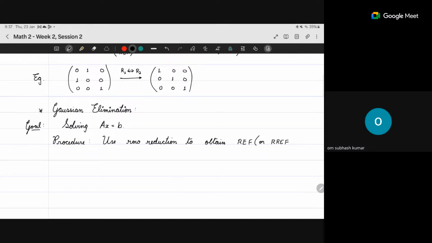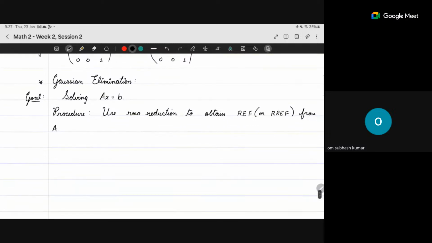You'll probably have to do a couple more steps from REF. This you know how to do, correct? You are given a system of equations. You form its coefficient matrix. It could be anything. You use your row operations to get REF or RREF.